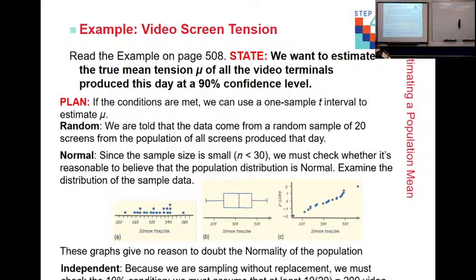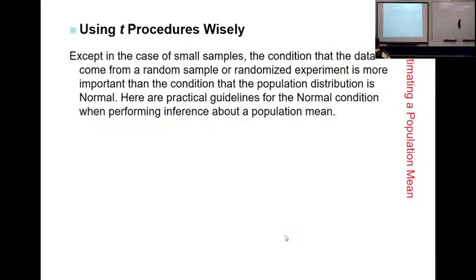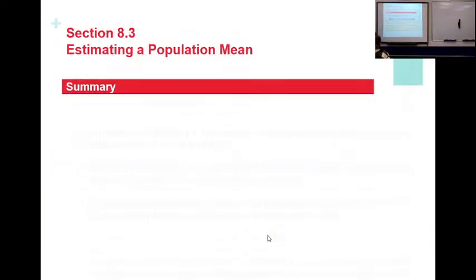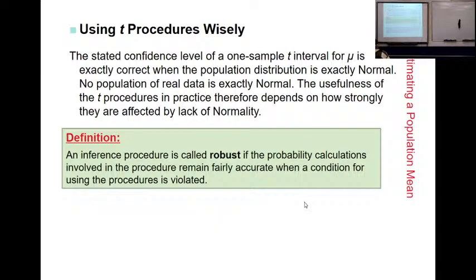So let me jump to the last slide of the notes, which talks about this idea. The idea is that this new distribution, which is called a t-distribution, is what we call robust, in that it is fairly resistant to outliers or skewness. So we can be a little lenient on our normal condition.